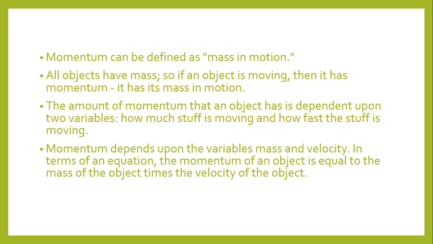The amount of momentum that an object has is dependent upon two variables: how much stuff is moving, and how fast the stuff is moving. How much stuff is moving is the mass part, how much mass it has. How fast the stuff is moving is also very intuitive.